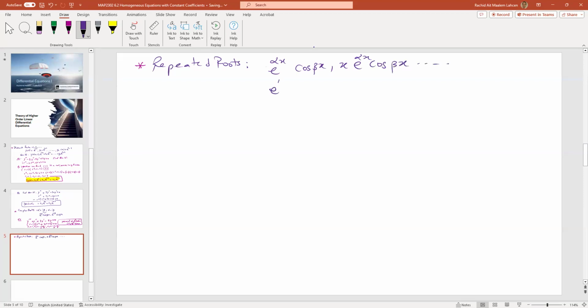Then with e to the alpha x sine of beta x, x times e to the alpha x sine beta x, and keep going.